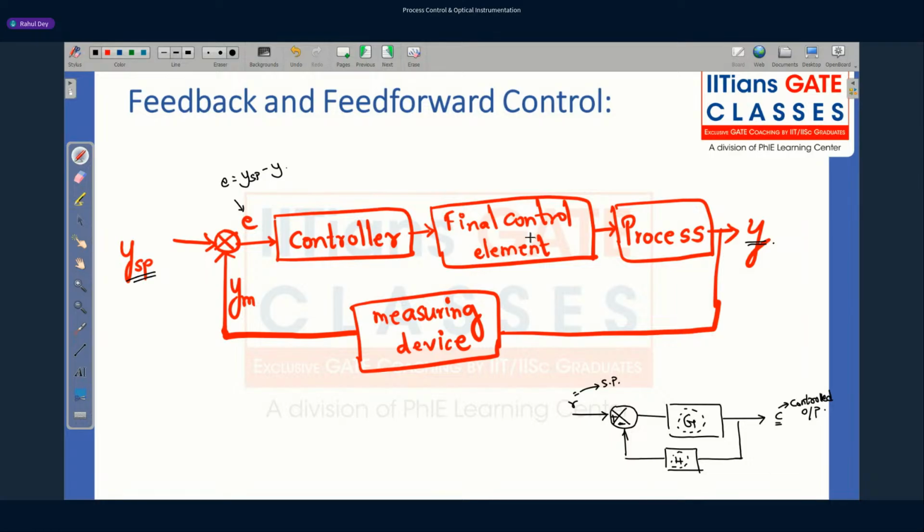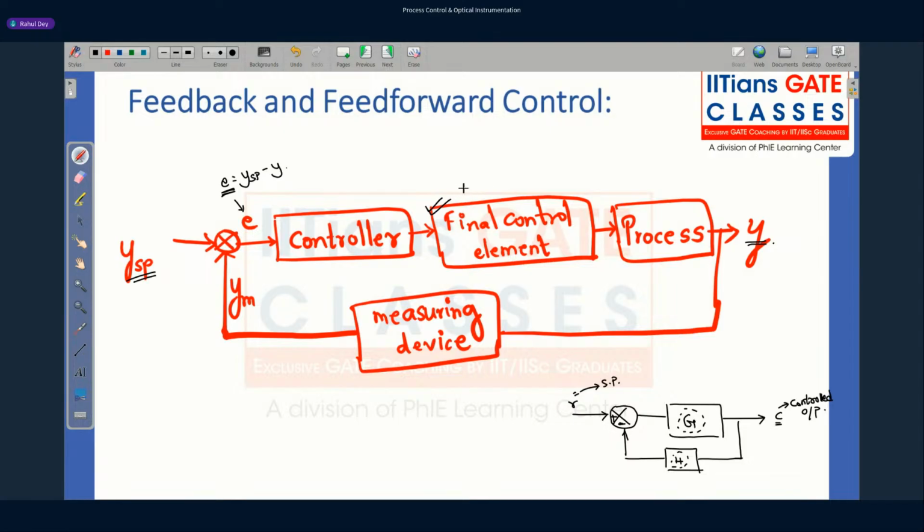Now, what is the final control element? Based on the error signal the controller gets as input, it takes a decisive action, and based on that action my process is controlled. But who decodes the signal generated by the controller and applies the corrective action? That is done by the final control element.